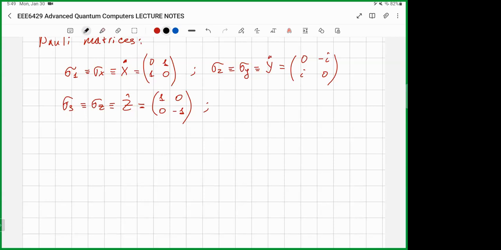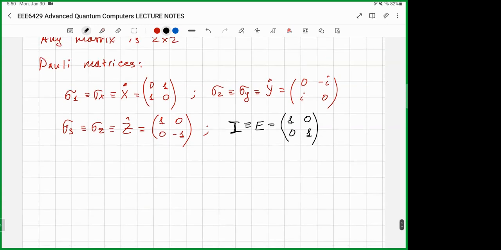And we also add the identity matrix here. Sometimes we denote this by I. You can also denote it by E. So this is nothing but the two-dimensional identity matrix, 2 by 2. Okay.